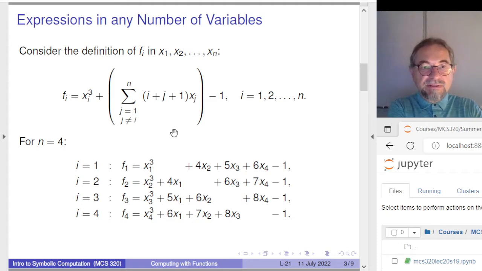So there is a sum indexed by the letter j, where j runs from 1 to n, excluding the diagonal, so excluding the ith element. Here in the example I left out the diagonal element, so there is a gap each time, where, for example, look for i equals 1, where we start at j equals 2.